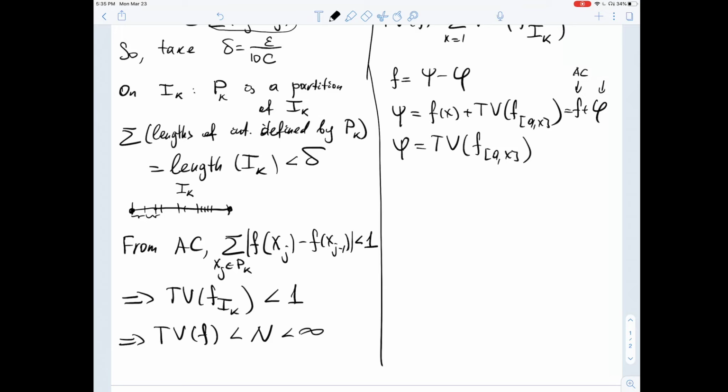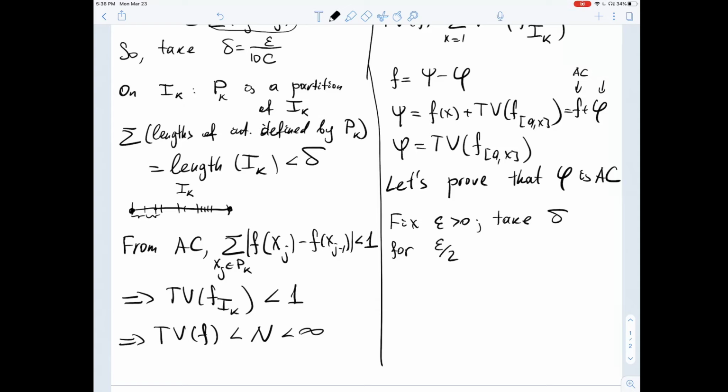That's not hard to check. So let's prove that phi is absolutely continuous. All right, so we fix an epsilon and take delta for epsilon over 2 from the absolute continuity of f.